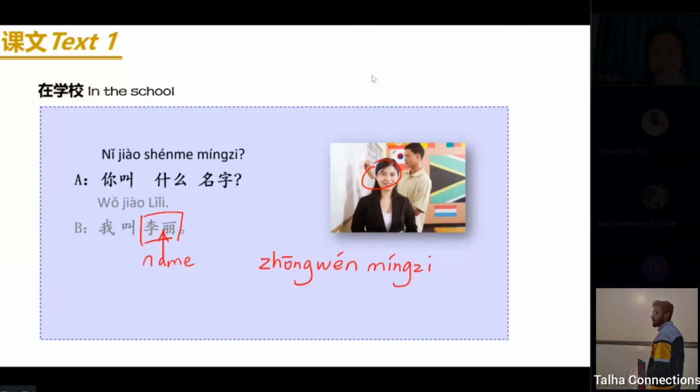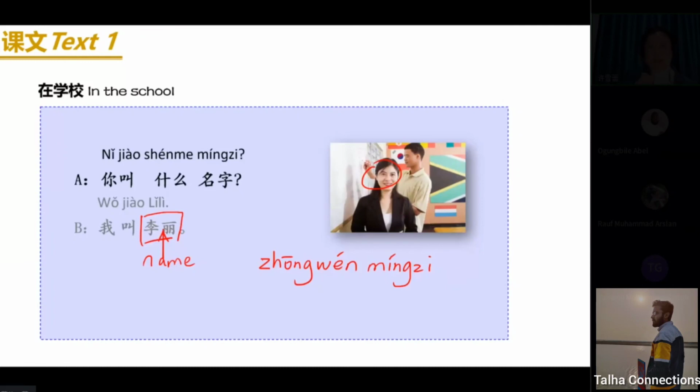Okay, let me mute your mics. And so think about it. When you meet someone first, you need to greet one another, right? And then probably you may ask someone's name. So first of all, you say 你好，你叫什么名字, right?